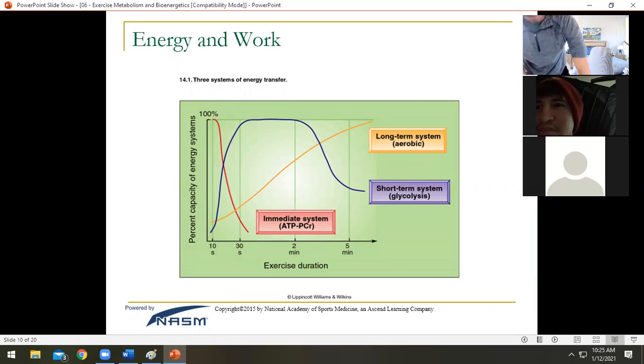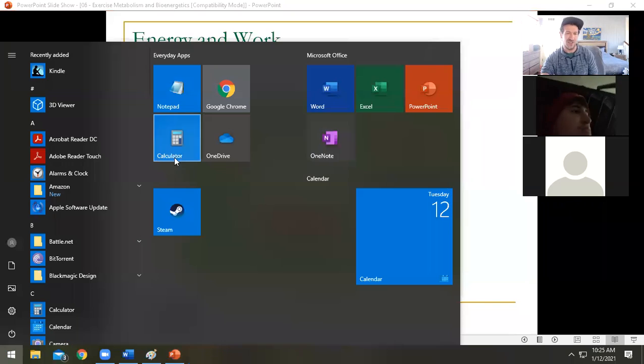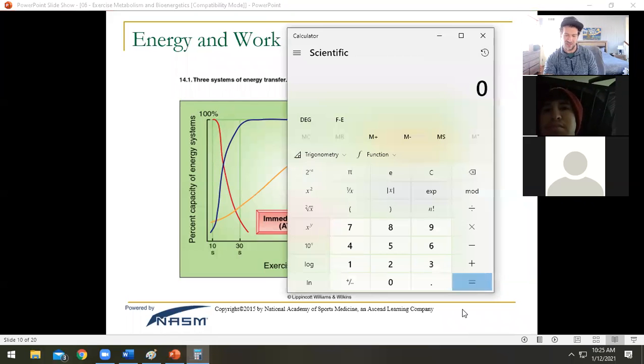So you end up working for 10 seconds. Let's say you did 6 sets of 3 like I did yesterday. You did 4 exercises like I did yesterday, right? So 3 reps times 6 sets is 18 total reps. Say you did 4 exercises, so you're going to do 72 reps for your entire workout.